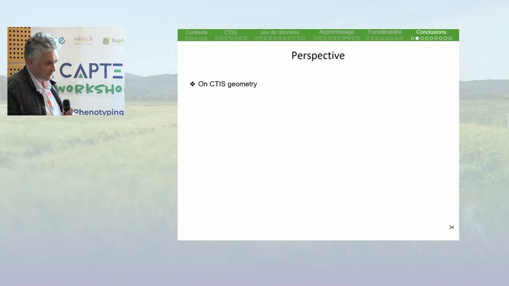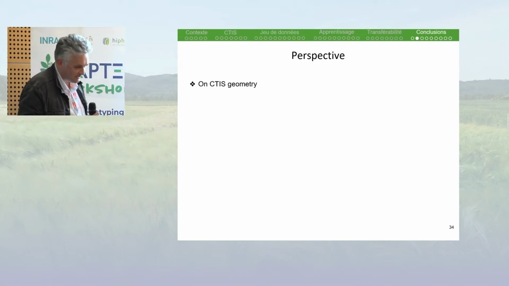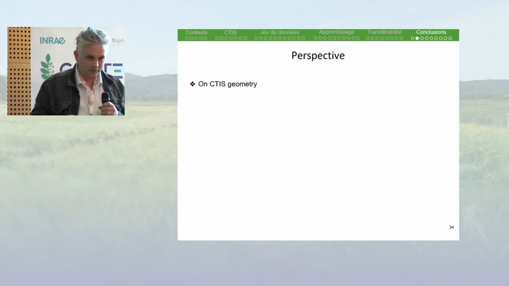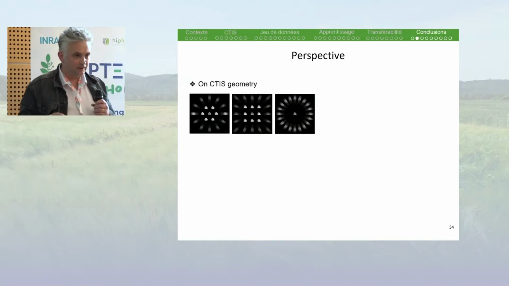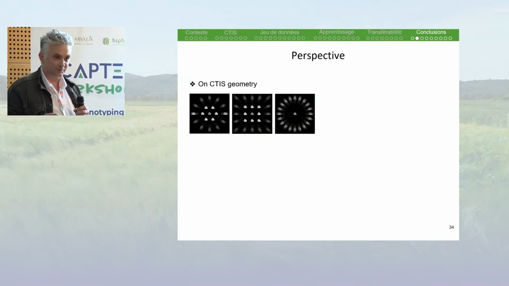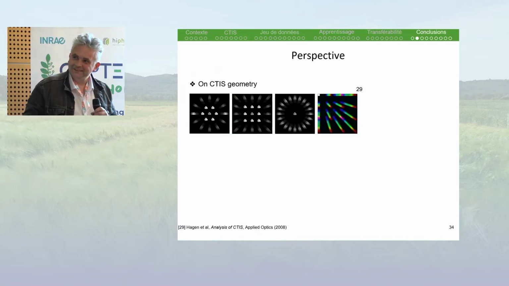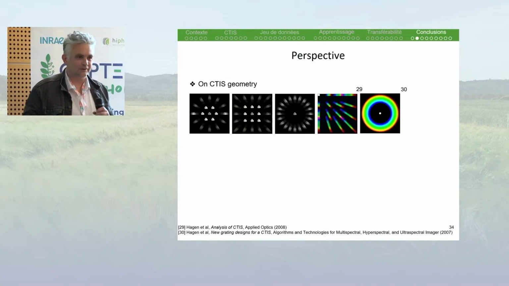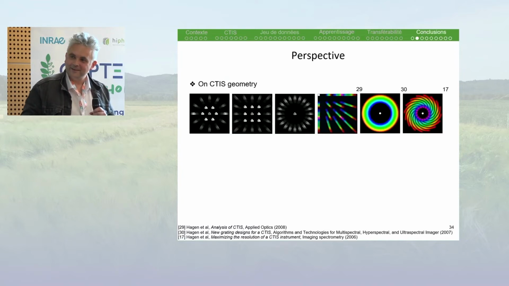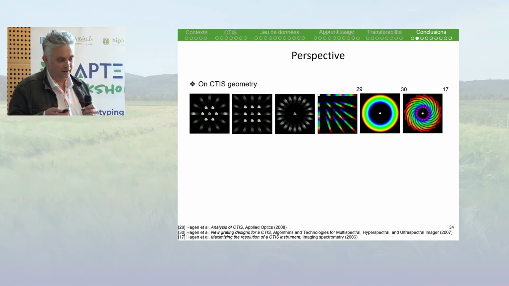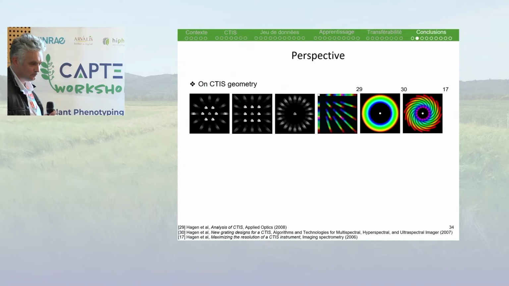As a perspective, if you are excited by CETIS geometry, there's a lot of funky stuff you can still do because there are many other optical gratings that you can think about. I'm looking at Antoine Fournier from Photonics Bretagne. So many different geometries that you can think of may enhance the spectral information.